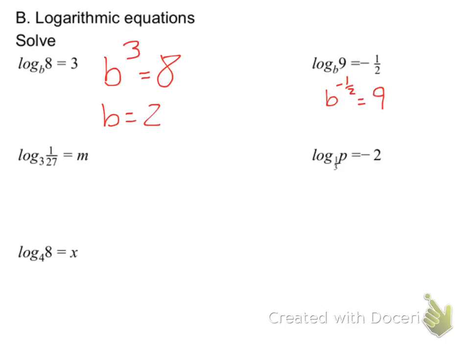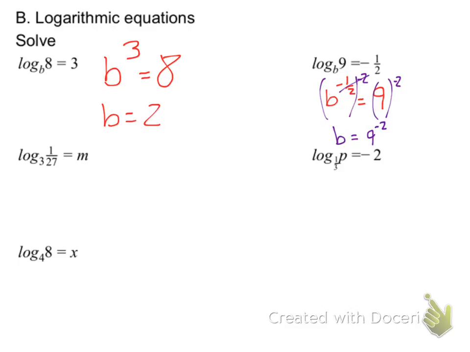Take it to the negative 2 power. Those would cancel, leaving b equal to 9 to the negative 2.